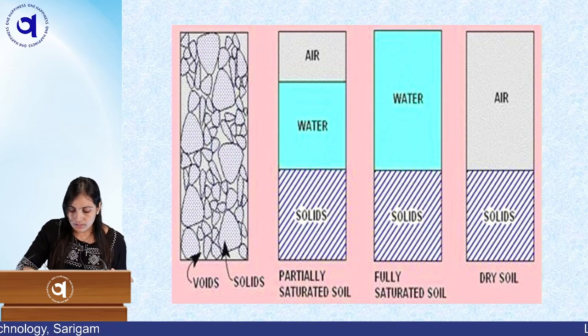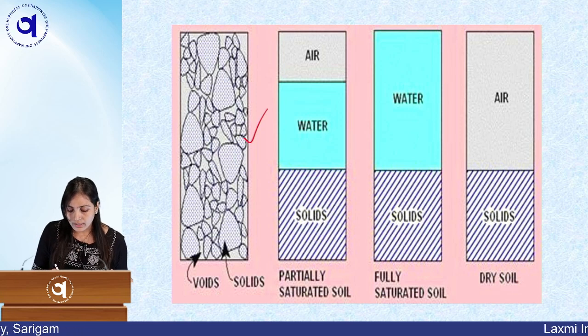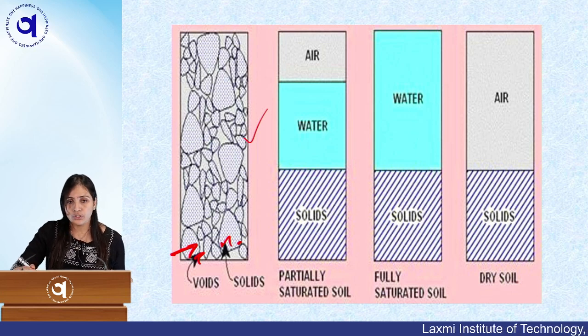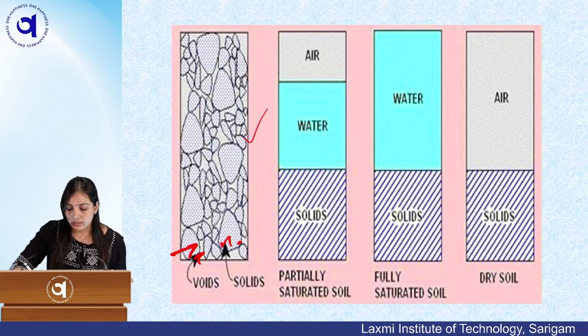So this is the soil structure actually. This structure is the soil, and these are soil particles. These are voids which are filled with air, and these are solid particles. If you have learned in geotech, a partially saturated soil has solid as well as water as well as air.